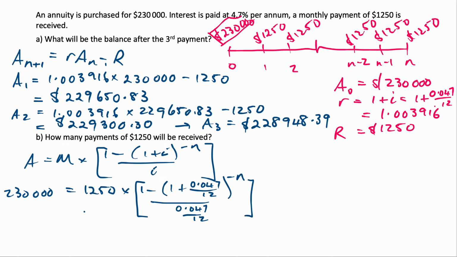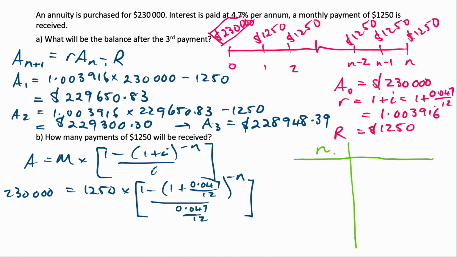Now, we could rearrange this and solve it algebraically, but if you didn't feel up to that, a guess and check process would be okay as well. So what I would suggest doing is setting up a little table where we're going to do the guessing and the checking.